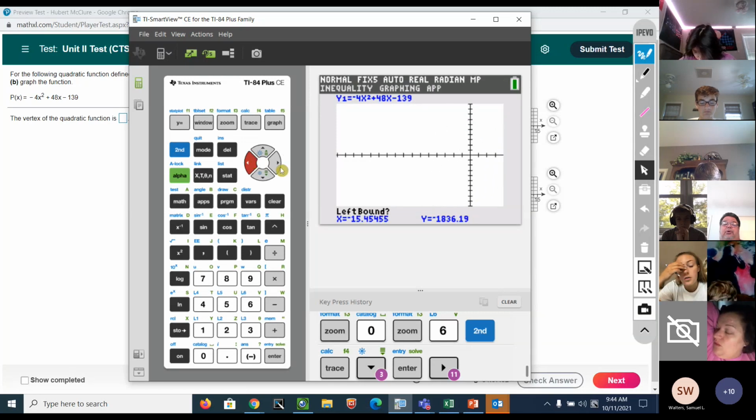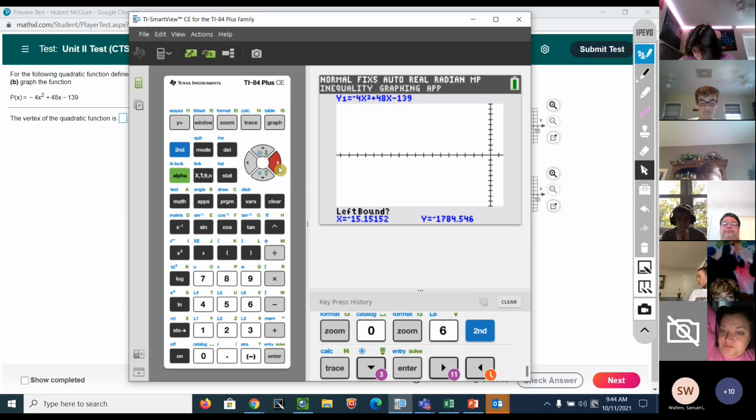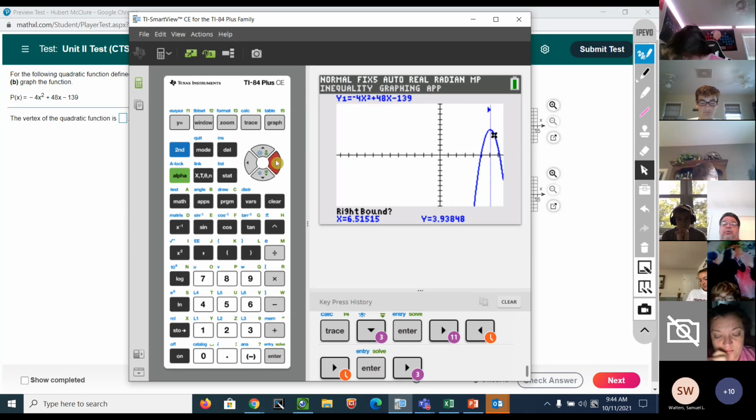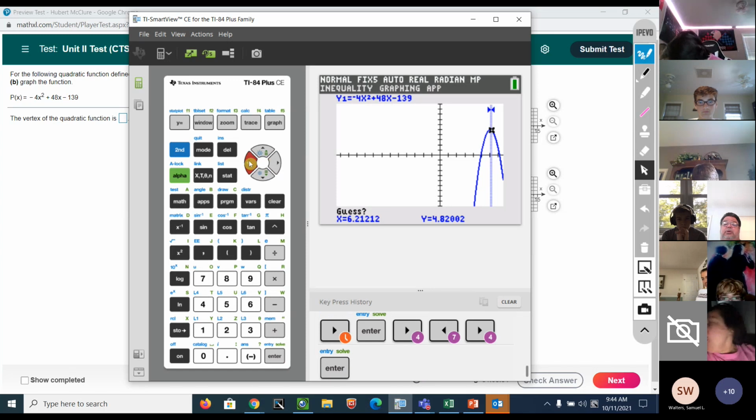I'm trying to find my cursor. There it is. All right, there's my left bound. My right bound, one went 2 over. Maybe it'll pick it up. No, let me do it again.